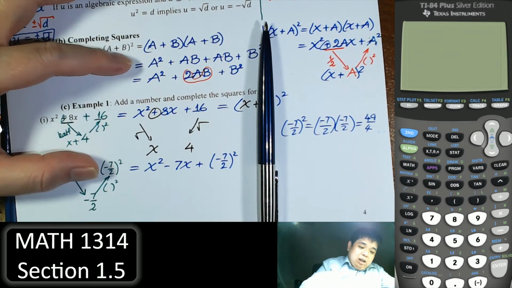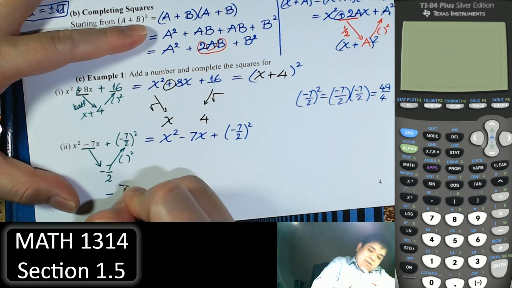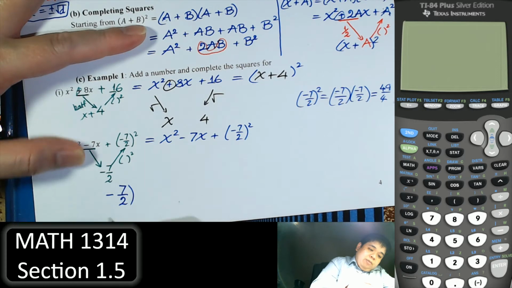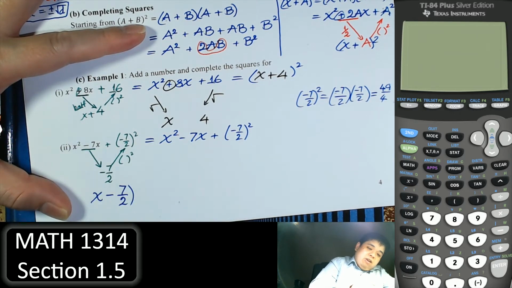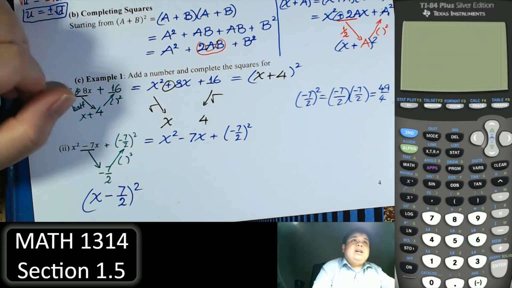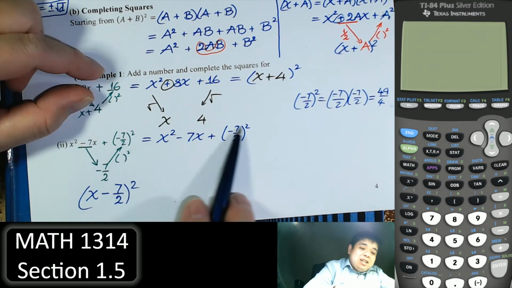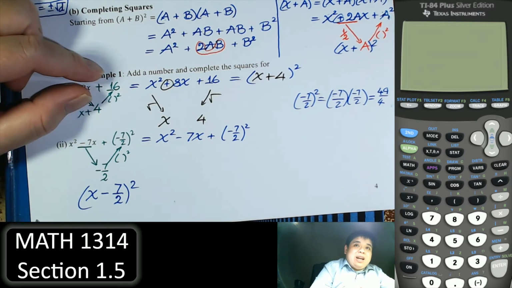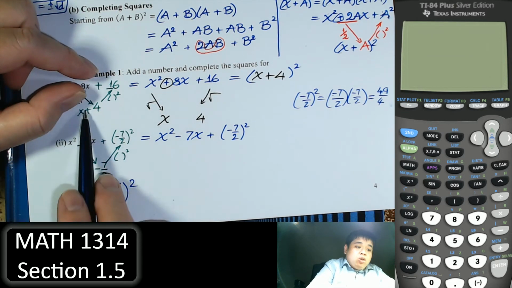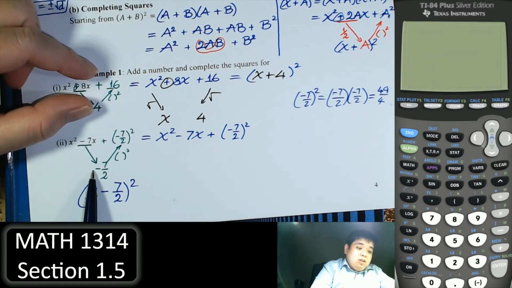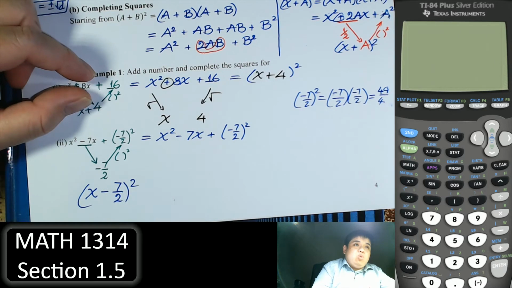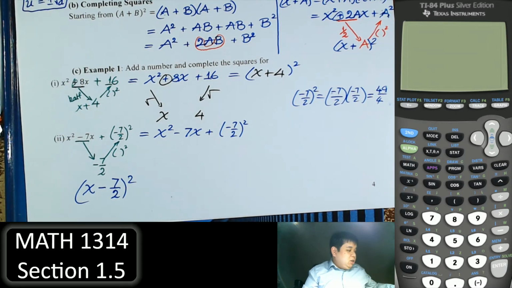Same thing here, we have a negative 7/2. Just going to put an x in front of it and make a square. Yeah, so that is equal to this. Once again, just put an x to it. If it's positive, put a plus. If it's negative, just keep it negative, and then make it a square. So that's how we do the complete square.